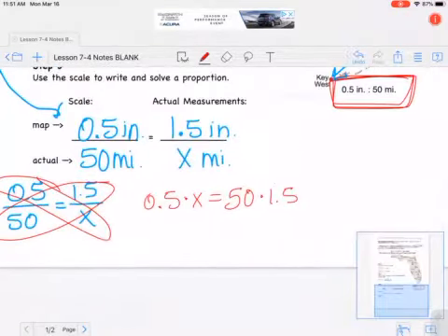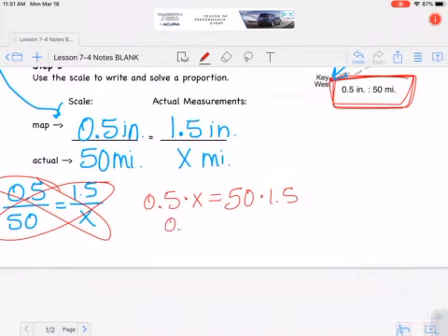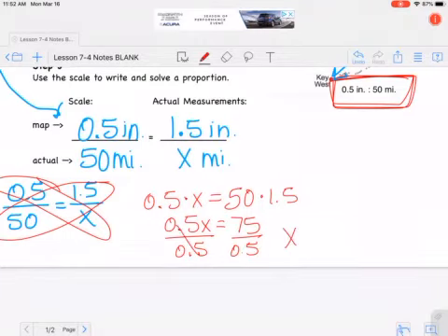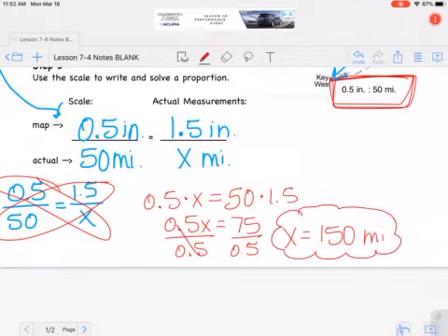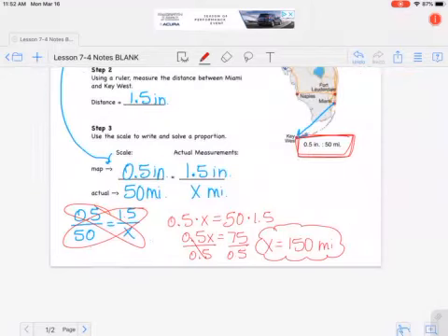So 0.5 times X gives us 0.5X, and 50 times 1.5 gives us 75. Then this is a one-step equation. We're just going to divide by 0.5 on both sides. So X would equal 150 miles. So what it's saying is that in real life, to get from Miami to Key West, you would drive 150 miles. Okay, go ahead and flip onto the back.